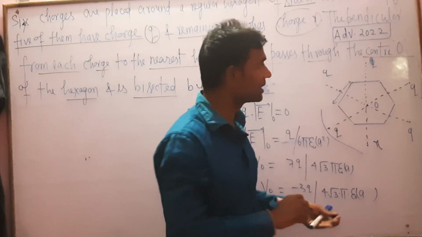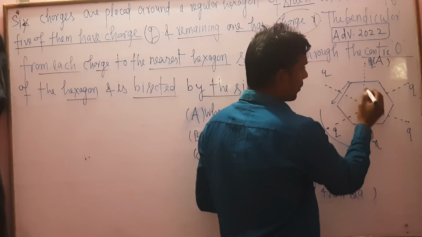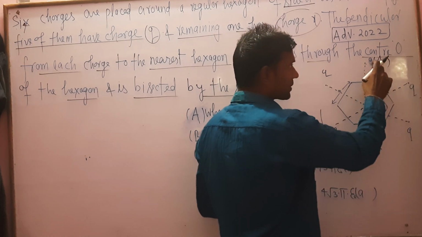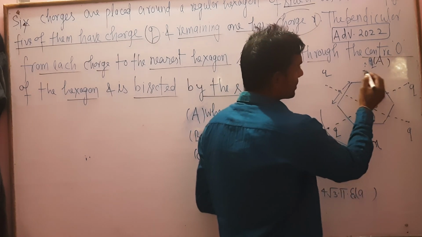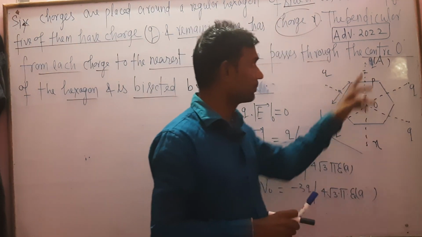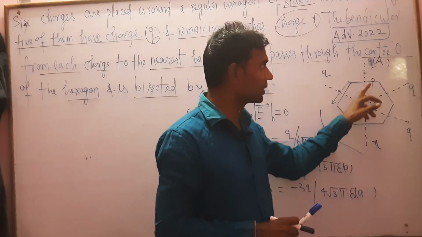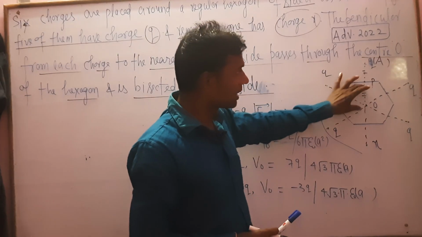Bisected by the side means if this is the A point, this is the O point, and this is the P point, then the distance from A to P equals the distance from P to O. This implies AP equals PO. So this is the equidistance.